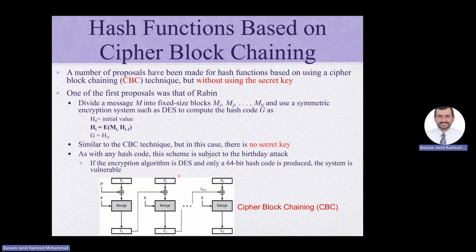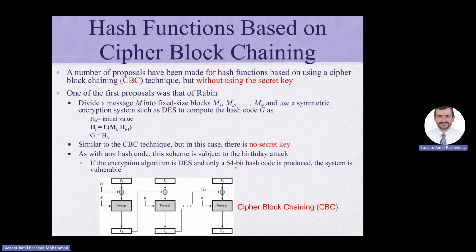So if you have a hash output of 64 bits, in the case of the DES algorithm, we just stated that for the birthday attack you need only about 1.17 times 2 to the power 32 trials to get a collision with a probability of 50%.